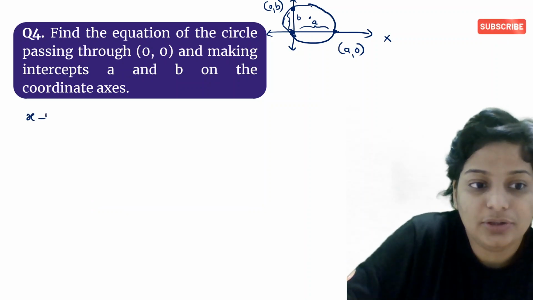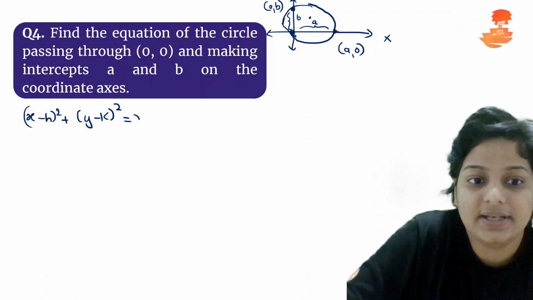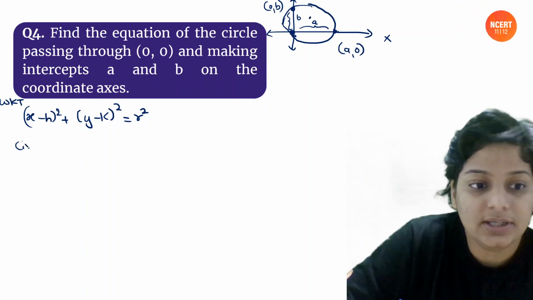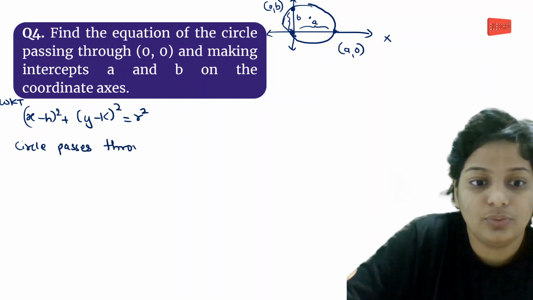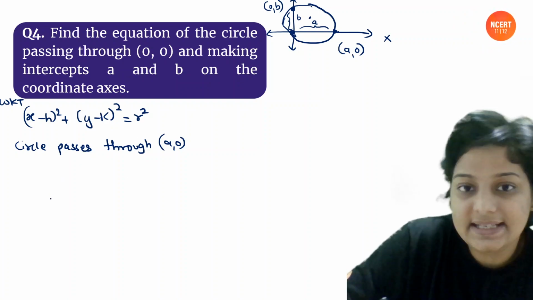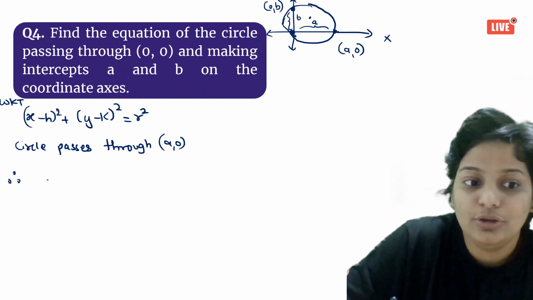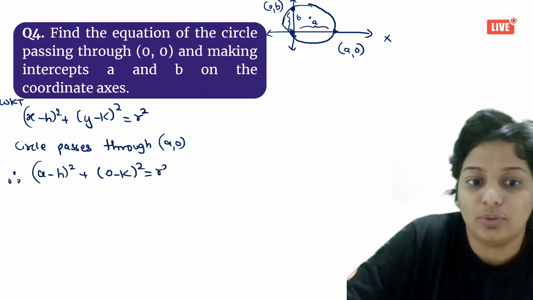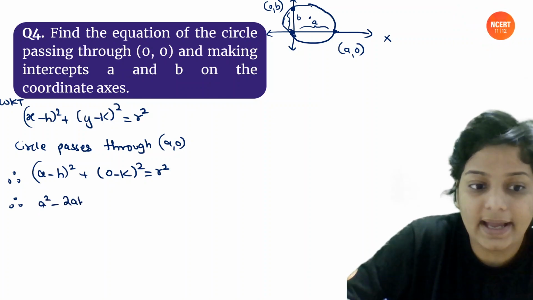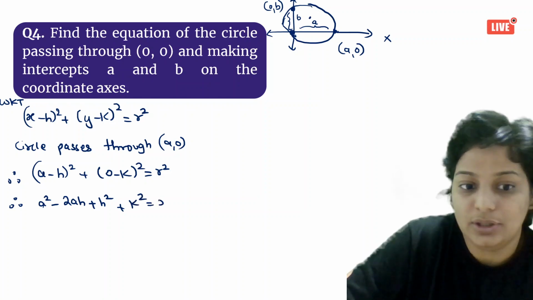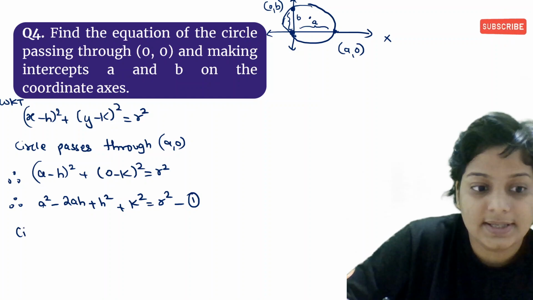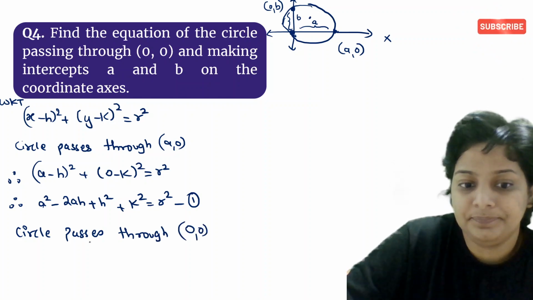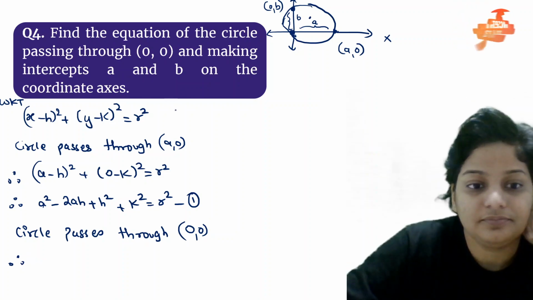We know the standard equation: x minus h the whole square plus y minus k the whole square is equal to r square. Now since the circle is passing through a, 0, it will satisfy the equation of the circle. So if you put a in place of x and 0 in place of y and solve, see what you get: a square minus 2ah plus h square plus k square is equal to r square. Let us call this equation 1. Also the circle passes through 0, 0. Am I right? The circle is passing through the origin as well. So if you put that in the equation too.